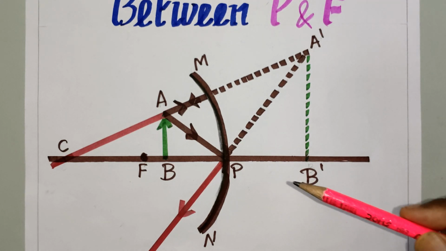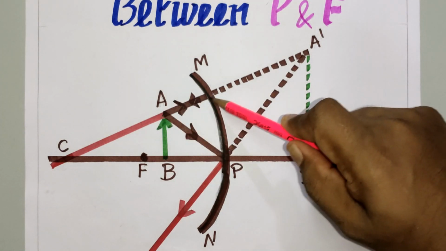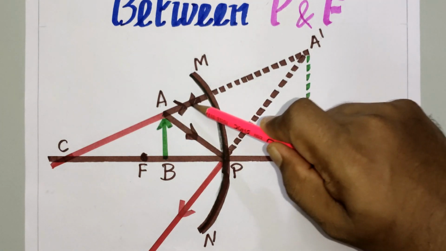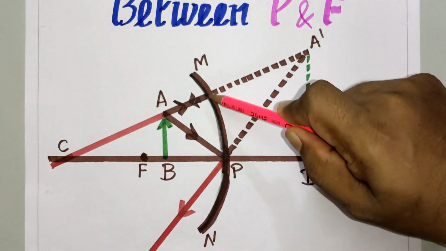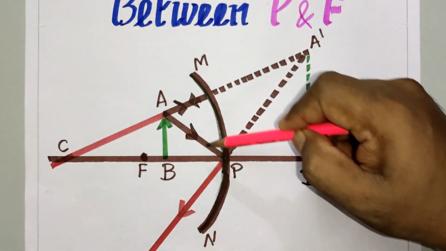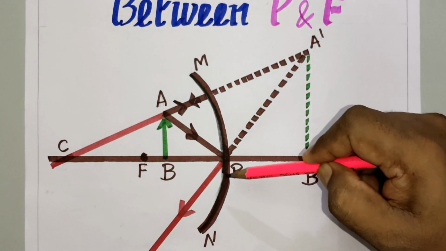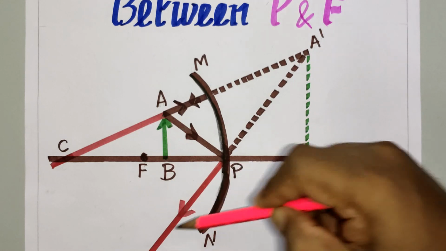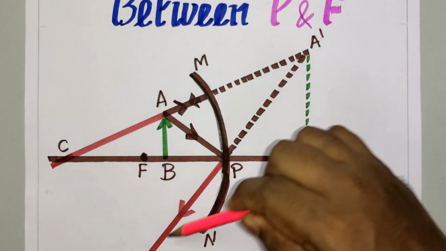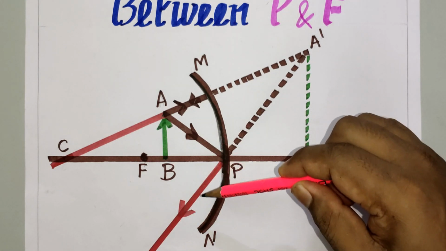If the light rays from the object pass through C, then they will reflect through C itself. Another rule, if the light ray strikes the pole P, then it will reflect with the same angle. It means the reflected ray follows the laws of reflection. I is equal to R.